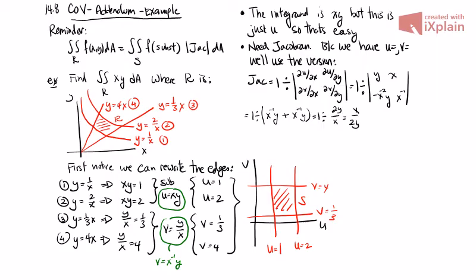Now notice that this needs to be in terms of u and v for the new integral. If we look back, v is y over x. So this is 1/2 times x over y, and x over y is 1 over v. This is what we need.